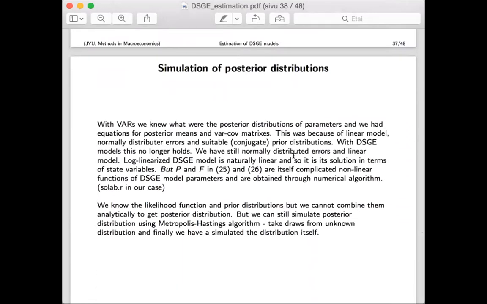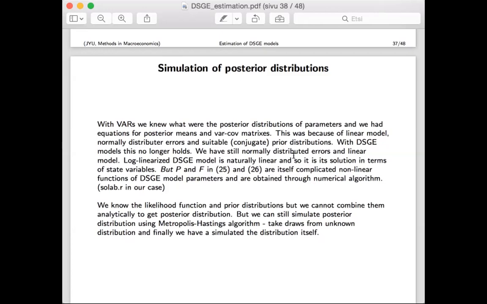When we simulated the posterior distribution of VARs, we had analytical expressions for posterior means and variance covariance matrices. This was because we had a linear model and suitable conjugate prior distributions.